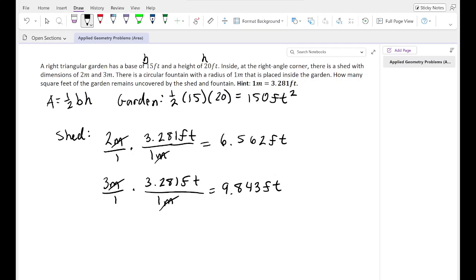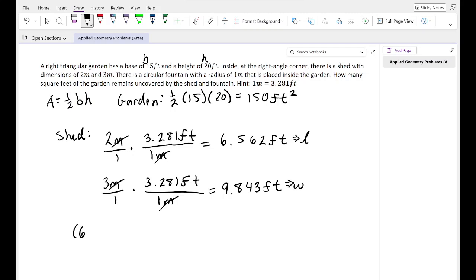So now we can find the area of the shed, and again this is a shed, we're assuming, because right here it says inside at the right angle corner, so it means it's going to be a square, or excuse me, a rectangle. So the area of this is going to be length times width, so we'll just call this the length, and we'll just call this the width.